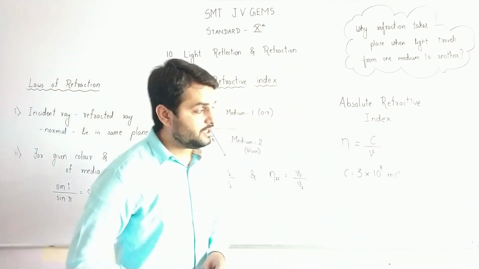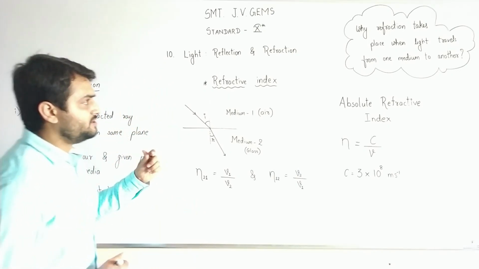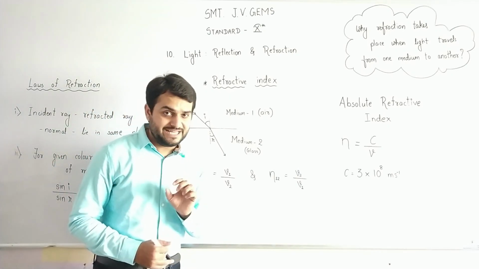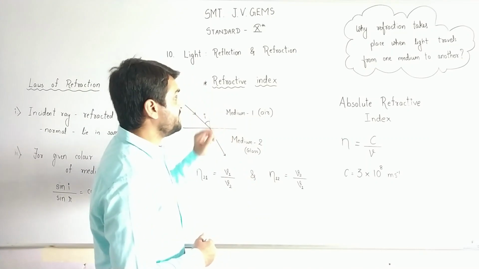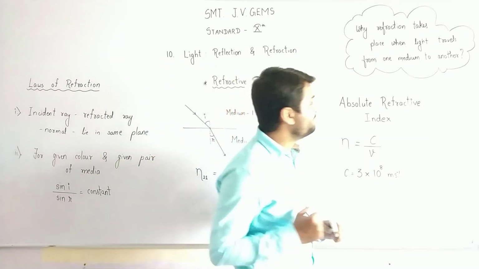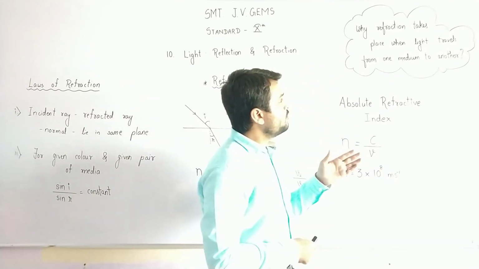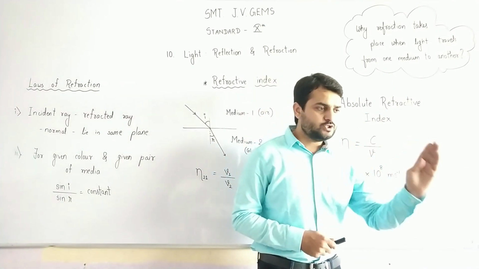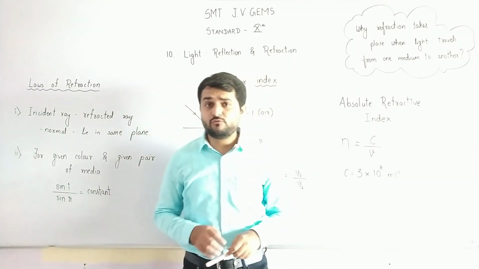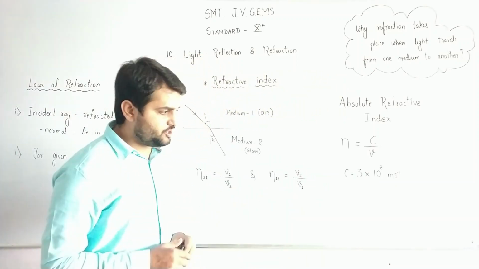Now, as we have learned this, then comes the topic that is refractive index. But before starting this, I have a question. The question is written over here: why does refraction take place when light travels from one medium to another? Now, if you guess the answer right, I would appreciate that.